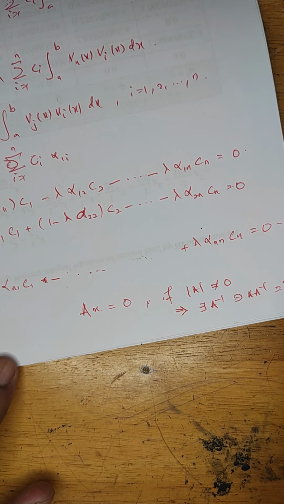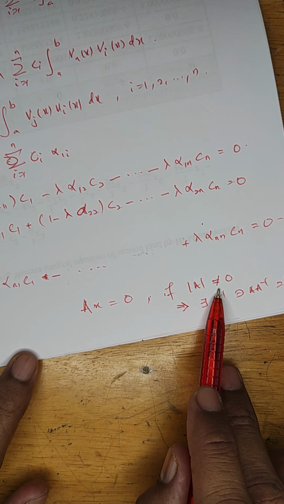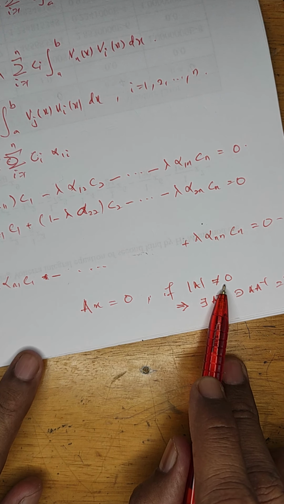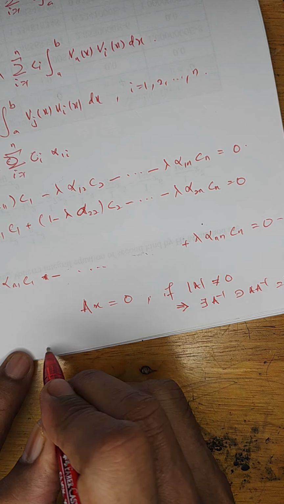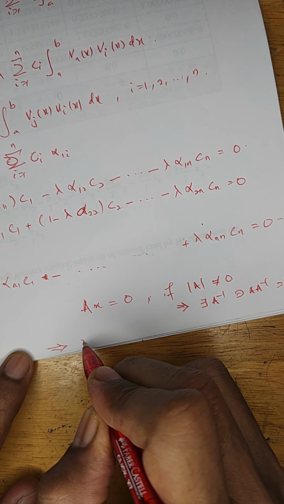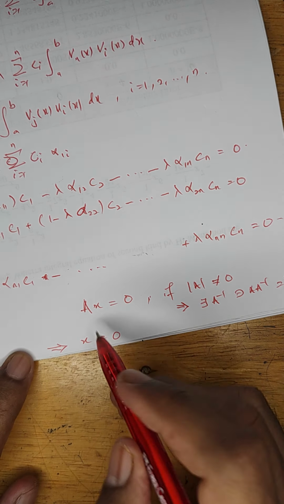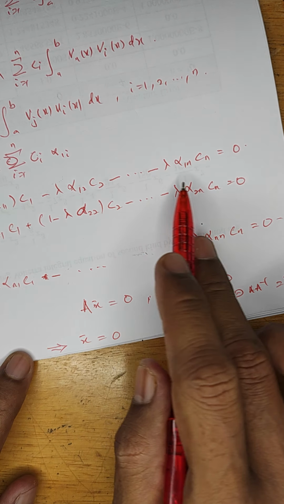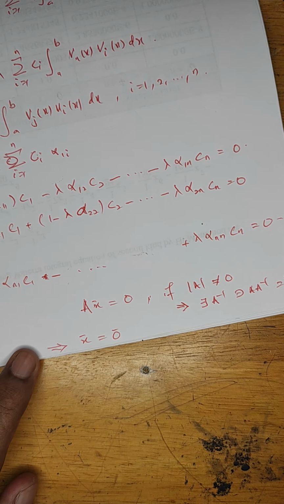So if the determinant is different than 0, we have basically only the trivial solution. Here x is C1, C2, C3 up to Cn. So that's a trivial solution.